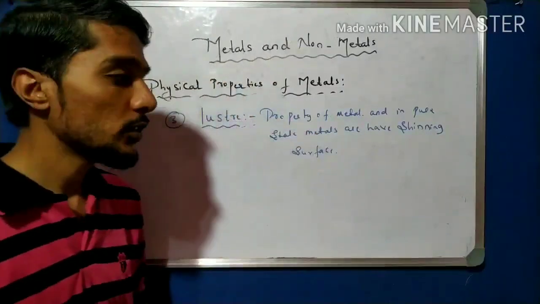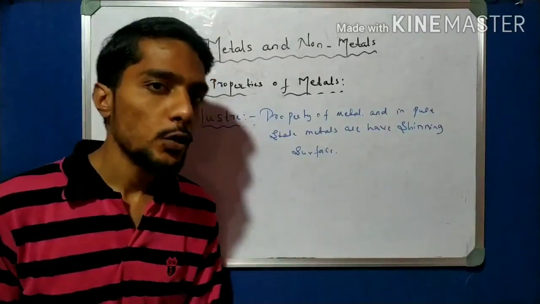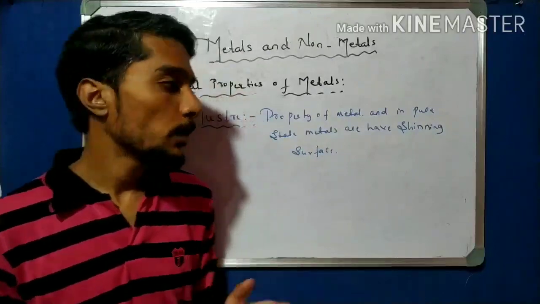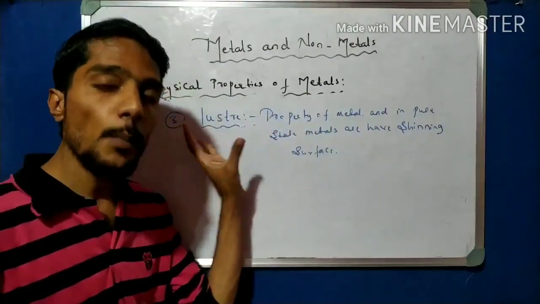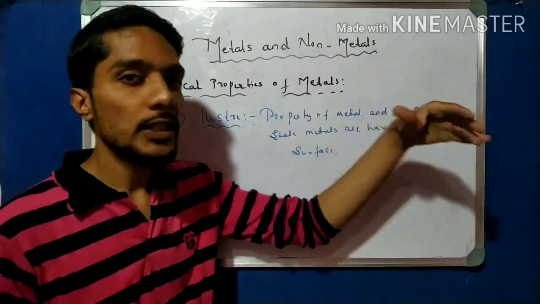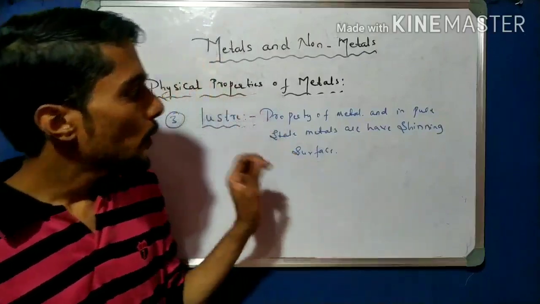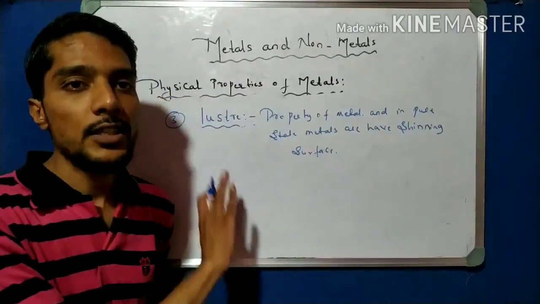That is called luster, a very important shining property. In the pure state the metal is not rusted, and the metals have a shiny surface. So this is called the luster property.